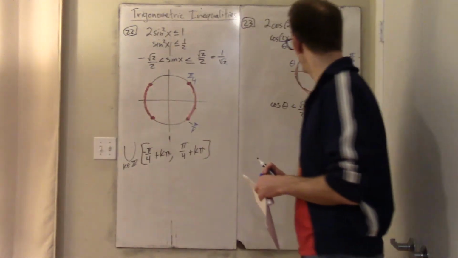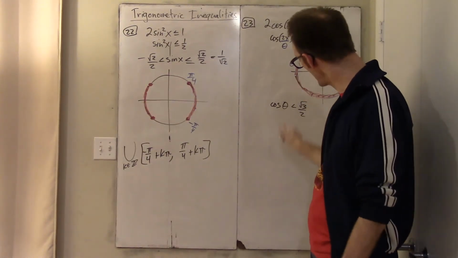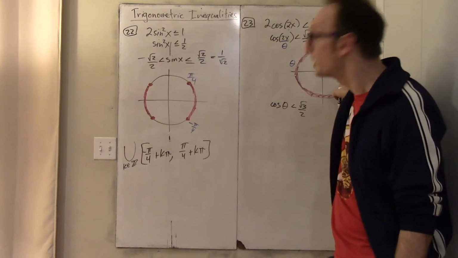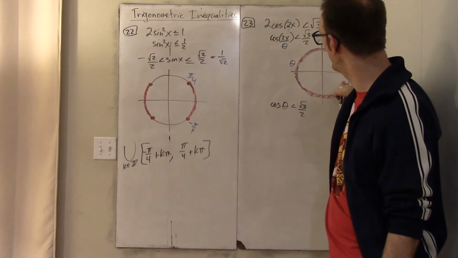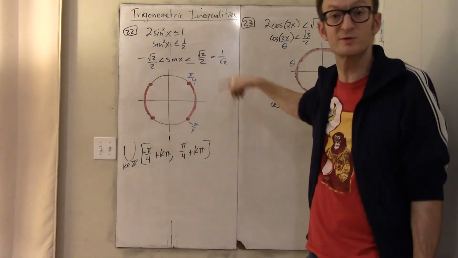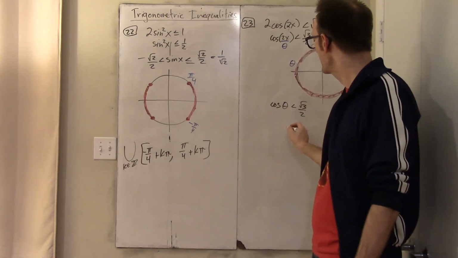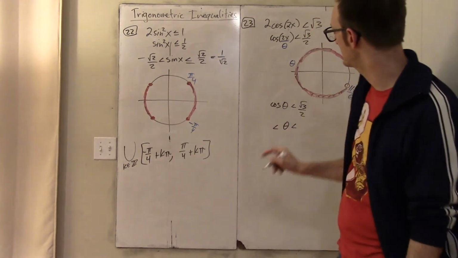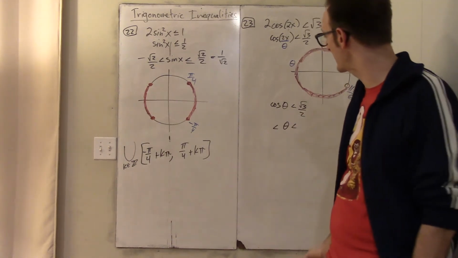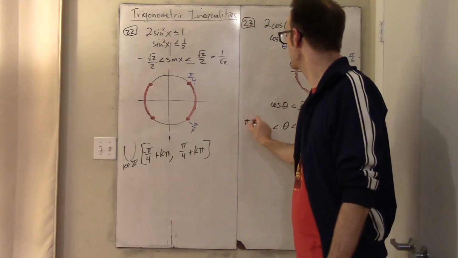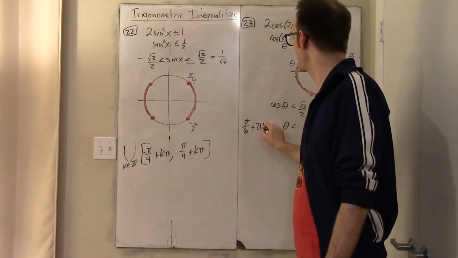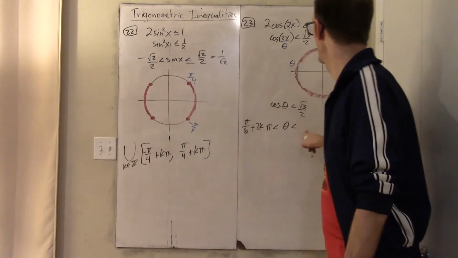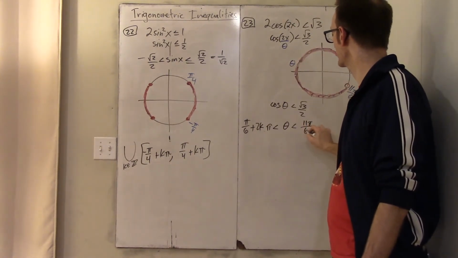Answer: it's going to be not just from pi over 6 to 11 pi over 6, but also an infinite number of other times, which is why we've gotten pretty good now at being abstract and general like this, and saying that it's going to be everything from pi over 6 plus 2k pi to 11 pi over 6 plus 2k pi.